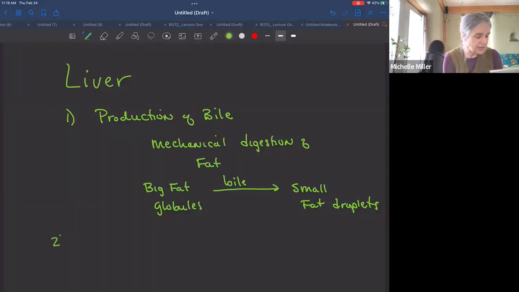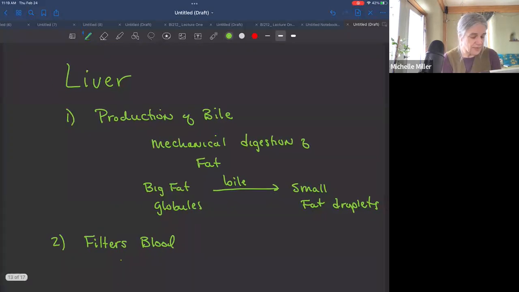Another function is that it filters blood and removes nutrients and destroys toxins. You'll remember that from the small intestine, there is what is called the hepatic portal vein, which drains the blood from the small intestine to the liver.